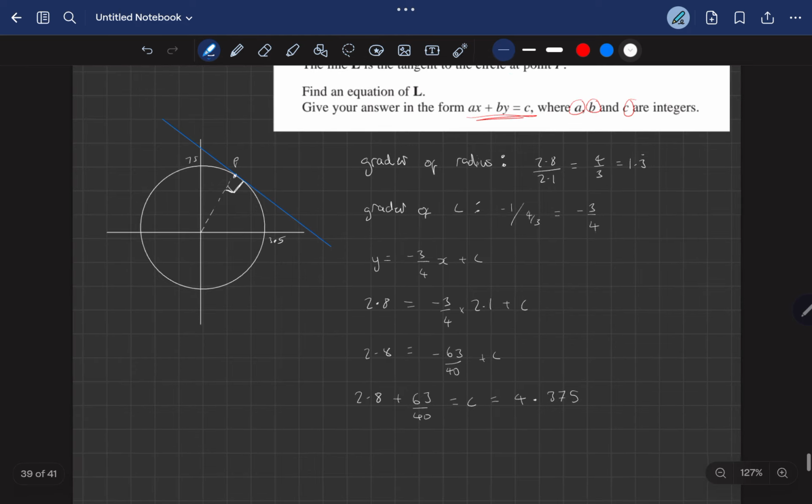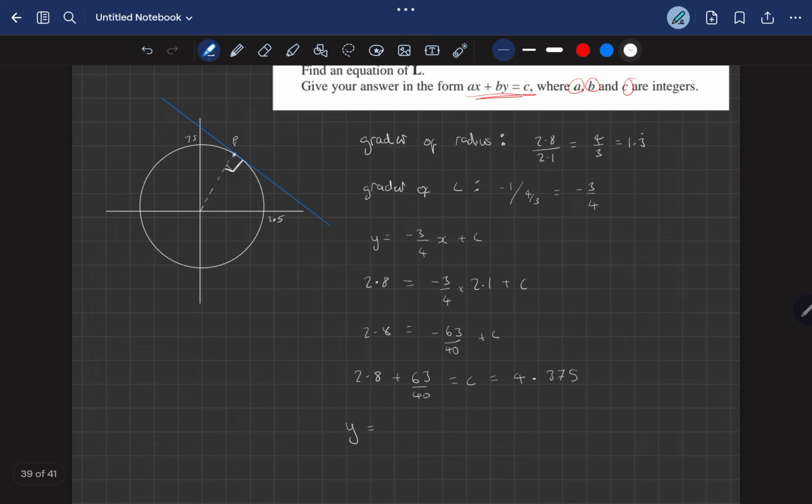So I know that the line equation now is y is equal to -3 over 4 x plus 4.375. And also, on the graph, this kind of makes sense because we know we have a negative gradient. Now this is 3.5, then roughly there is around 4.375. Just a way of double checking our answer.